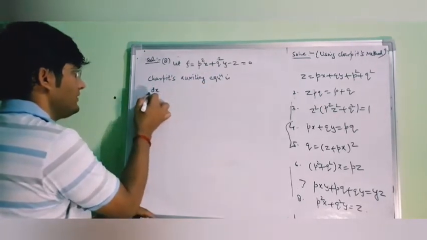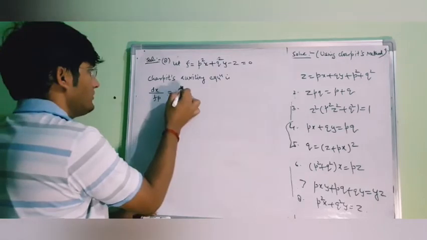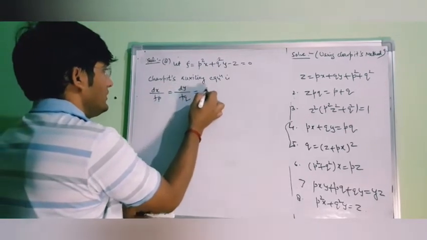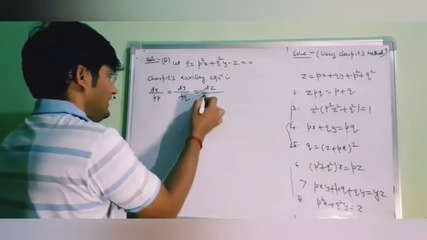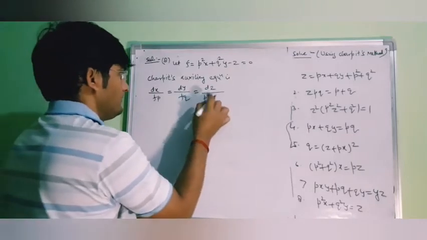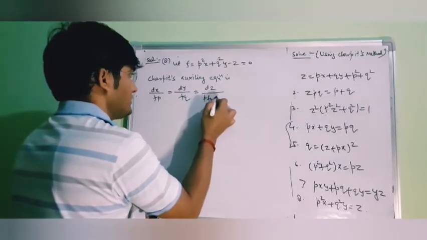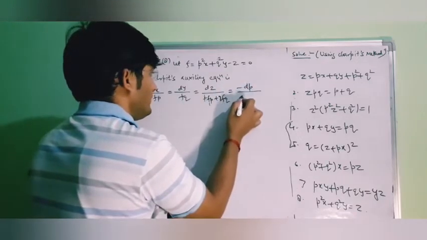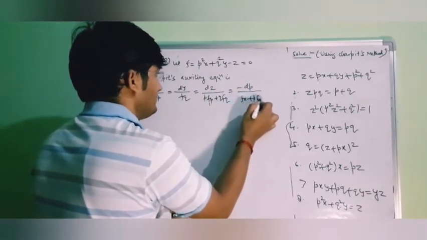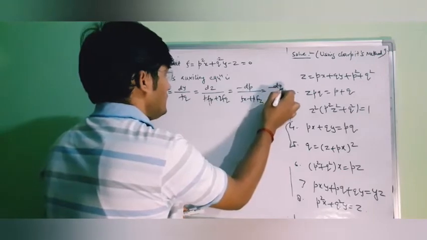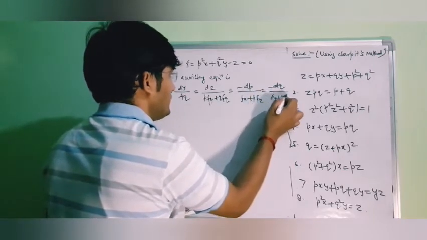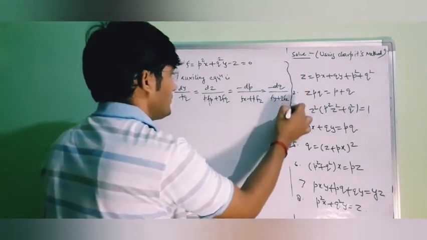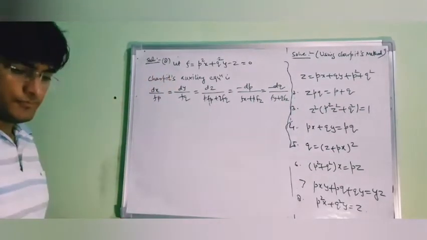dx upon fp equal to dy upon fq equal to dz upon (p fp plus q fq) equal to minus dp upon (fx plus p fz) equal to minus dq upon (fy plus q fz). So this is your Charpit's auxiliary equation.